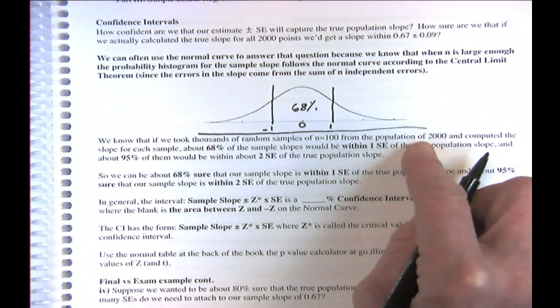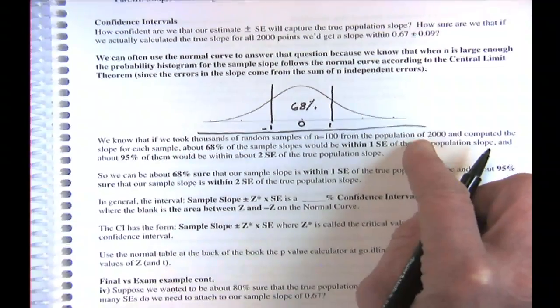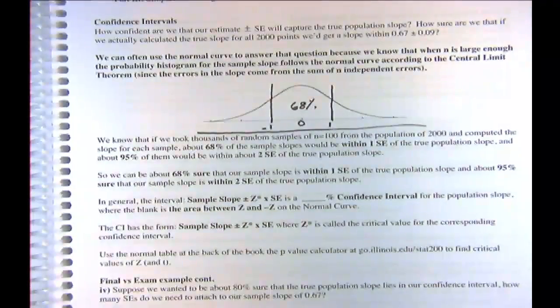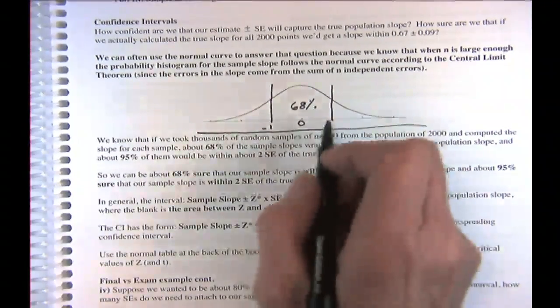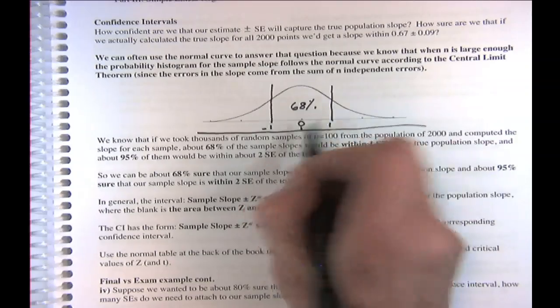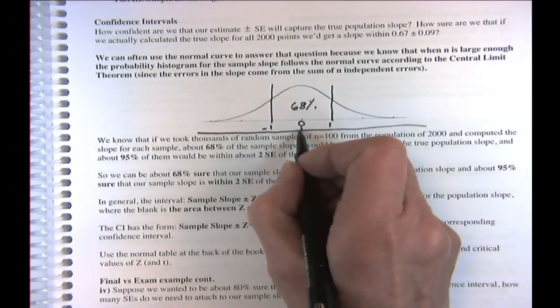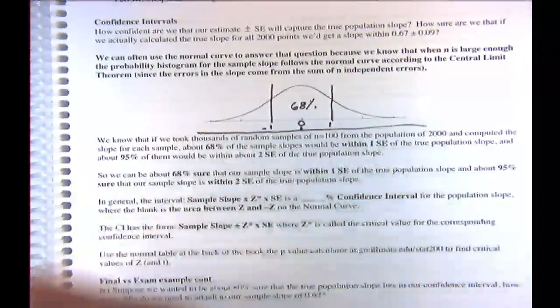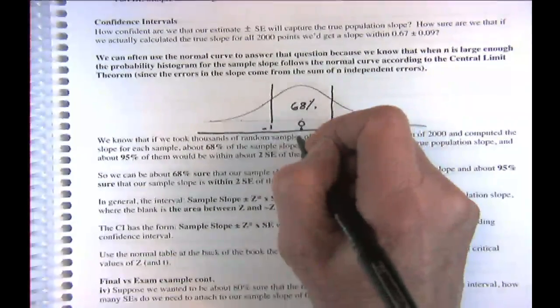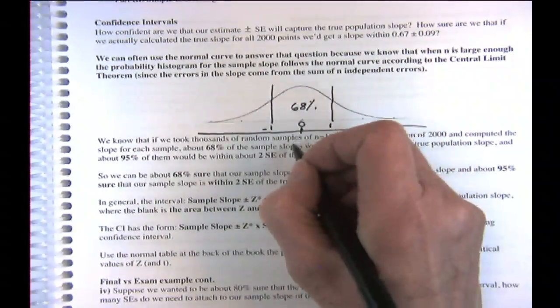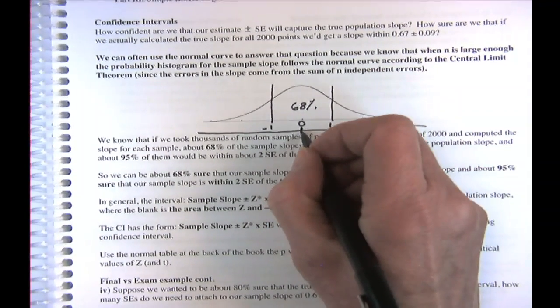Like each one of you, remember, took a sample size of 100, got different points, and computed slopes. We put them all together and were going to plot them. Right here, you're most likely to get the true population slope. Not rho, that's the true population correlation coefficient. This would be beta 1.